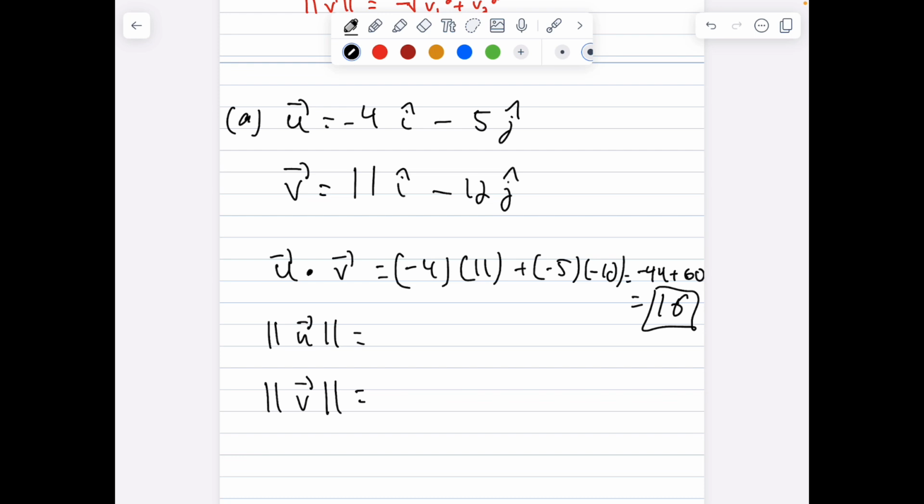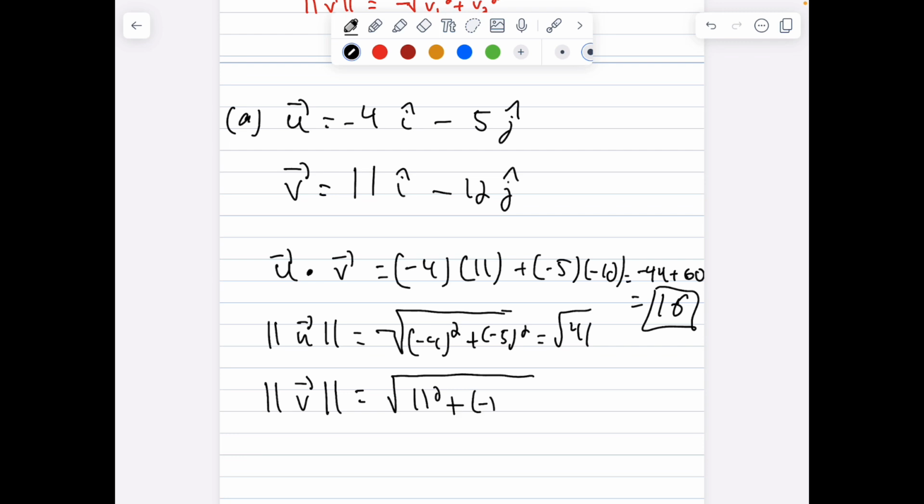The magnitude of u would equal the square root of 4 squared plus negative 5 squared, so it's equal to the square root of 41. The magnitude of v is going to equal the square root of 11 squared plus negative 12 squared. So it's 121 plus 144, which is the square root of 265.